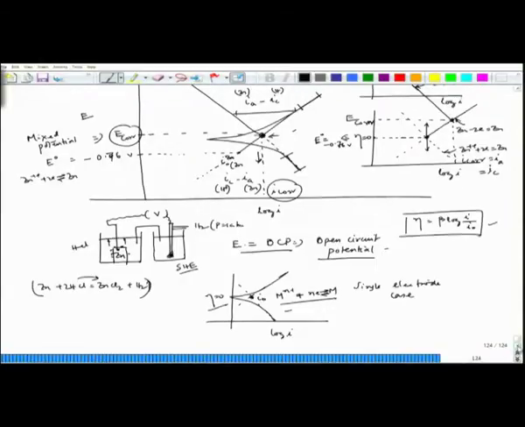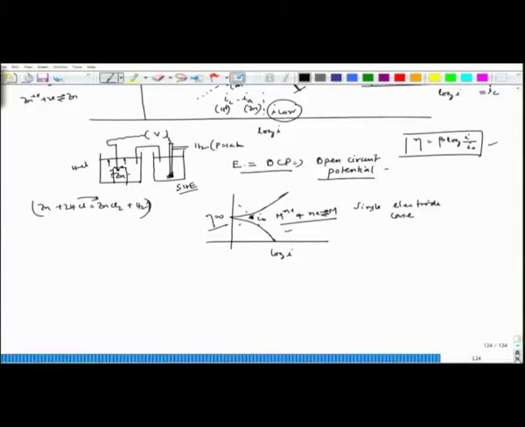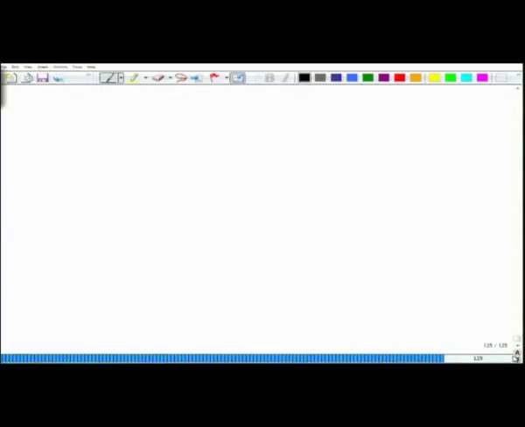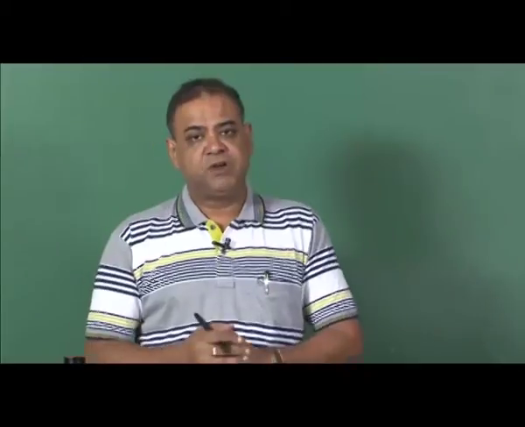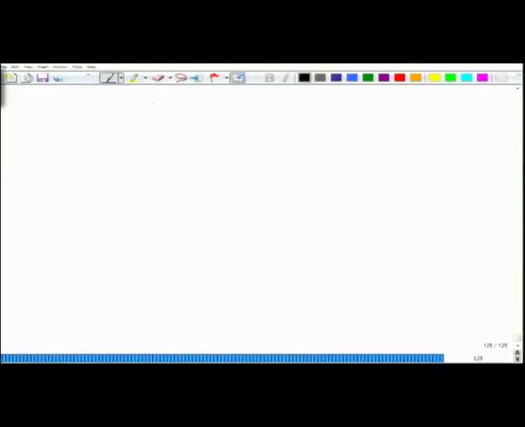So, now let us consider some effects of mixed potential theory, some considerations of kinetic factors. One such kinetic factor is definitely I_0. Now, I_0 for the hydrogen evolution reaction on different metal surfaces is different. For example, on a platinum surface, as we have seen, its value is around 10 to the power minus 2 to 10 to the minus 3 ampere per centimeter square.